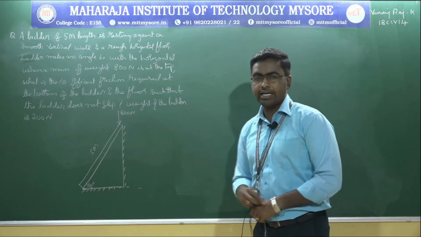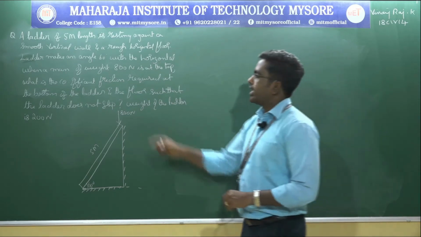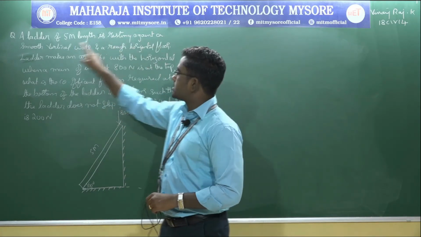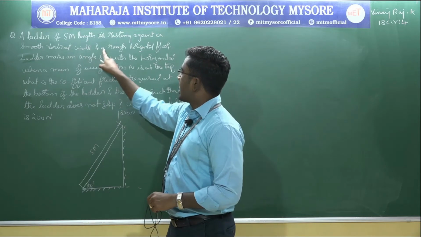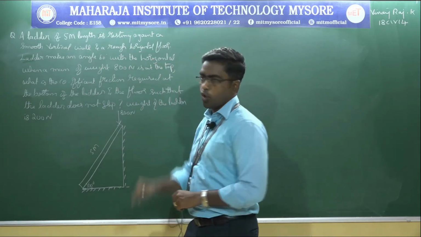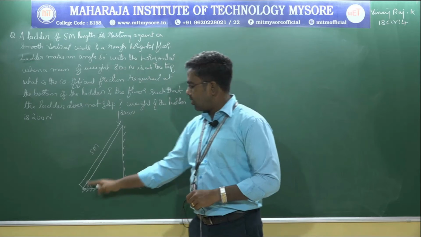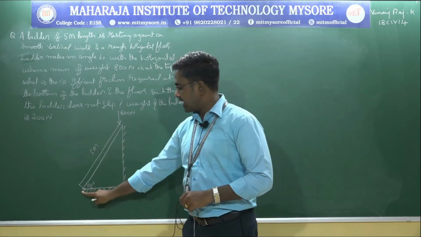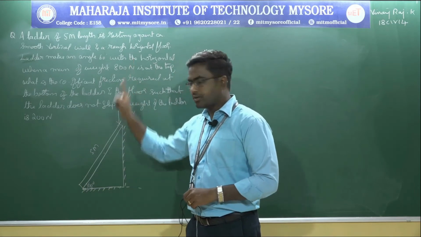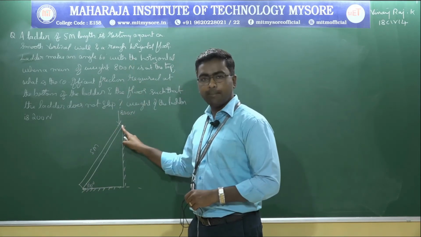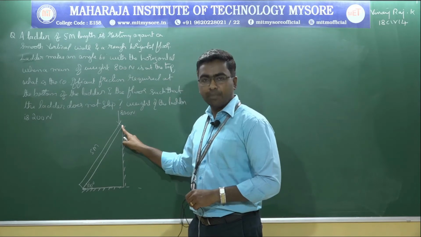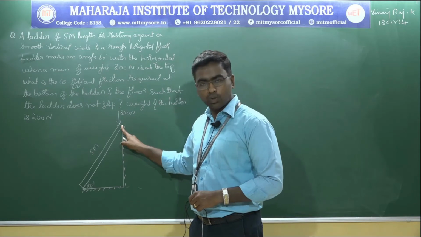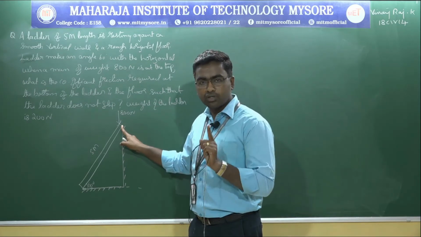So this is a ladder type of problem. Here a ladder of 5 meter length is resting against a smooth vertical wall and a rough horizontal floor. So this is the ladder of length 5 meter which is resting on the wall and the floor, and they have mentioned that the surface of the wall is completely smooth, so at this particular junction there will be no friction, so mu will be equal to 0 and frictional force will also be equal to 0.